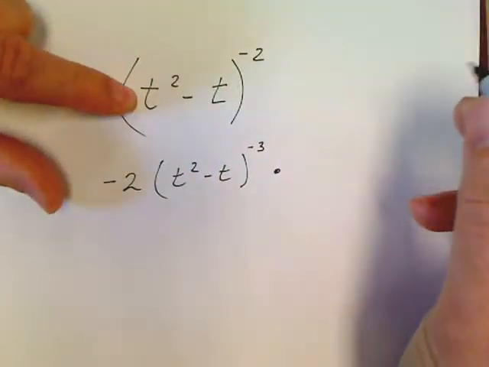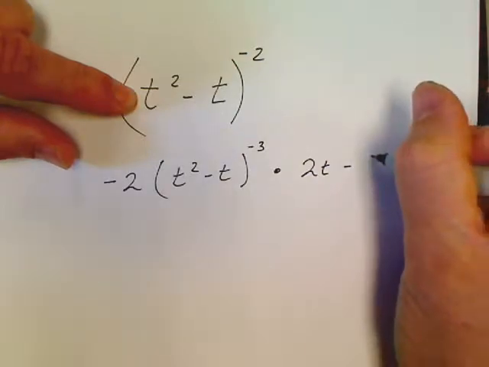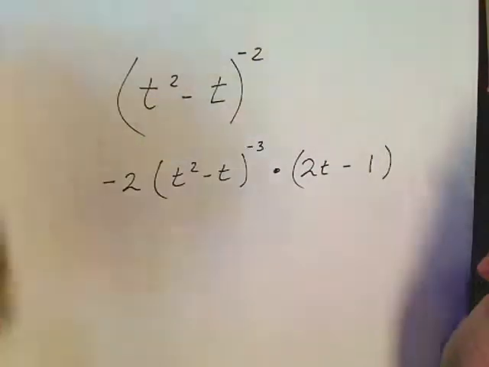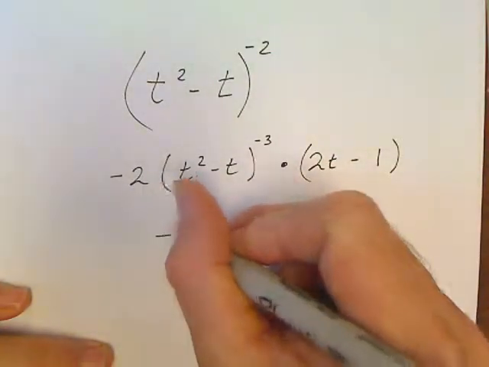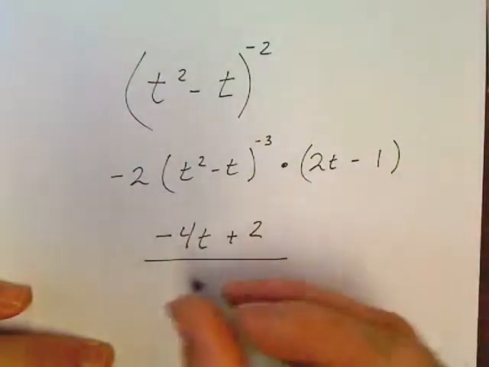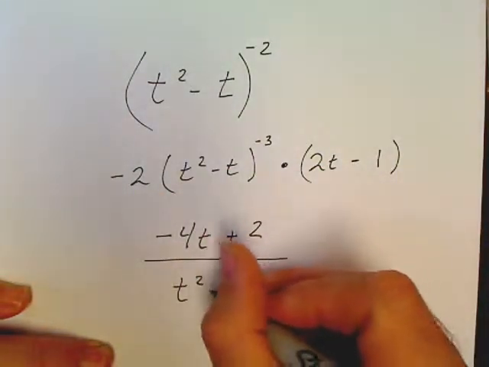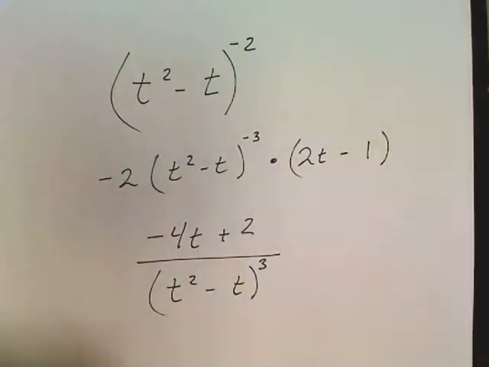Times the derivative of the inside, which would be 2t minus 1. And we could clean this up a little bit and have negative 4t plus 2 over t squared minus t to the third.